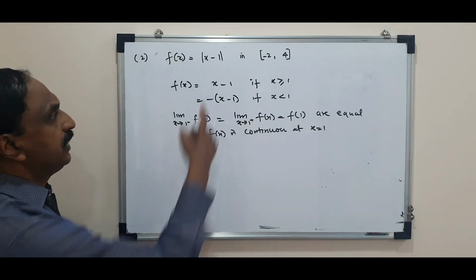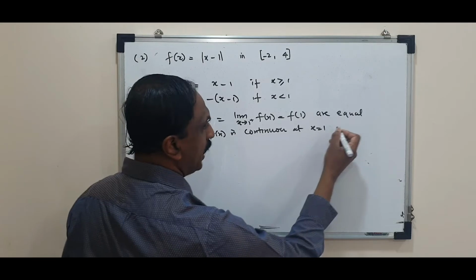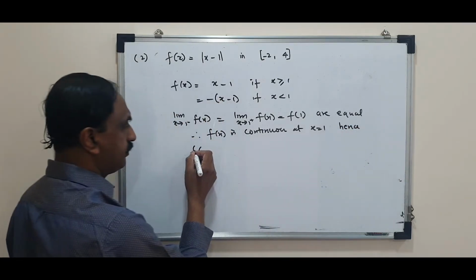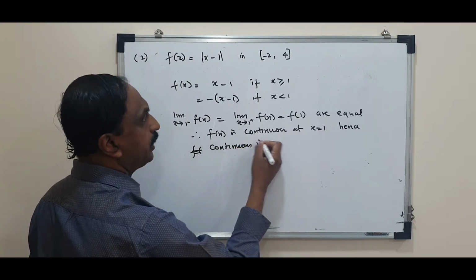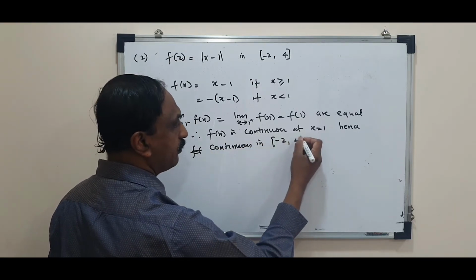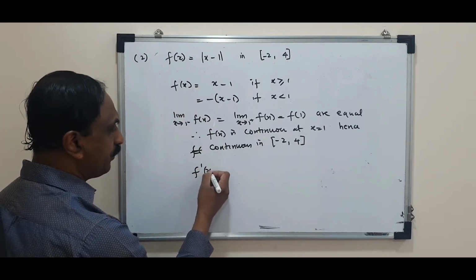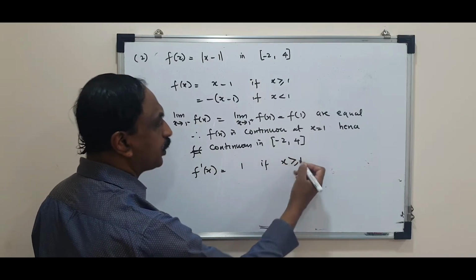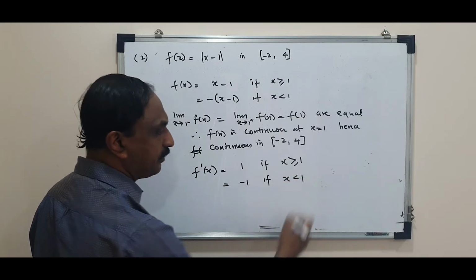So f of x is continuous at x equal to 1, hence continuous in the closed interval minus 2 comma 4. But you know the derivative, f dash of x, is 1 if x is greater than or equal to 1 and equal to minus 1 if x is less than 1.